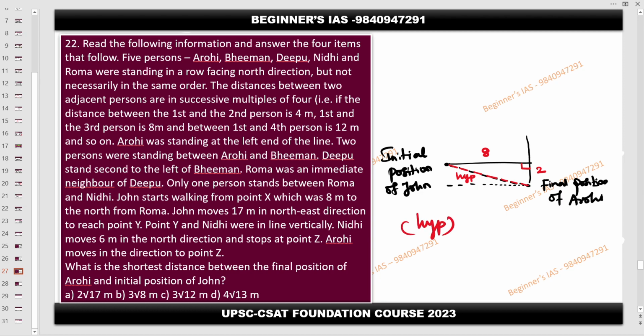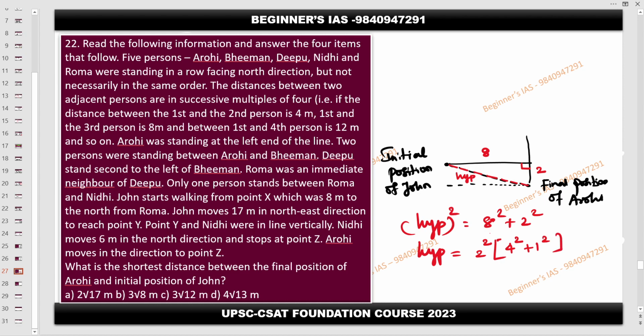So the hypotenuse square is equal to the sum of the squares of the other two sides, according to the Pythagoras theorem. So now the hypotenuse is equal to root of 8 square plus 2 square. With these simple calculations you can do it. If you want, you can take 2 as common, and whatever is common, the power also carries. So remaining is nothing but 4 square, then 1 square.